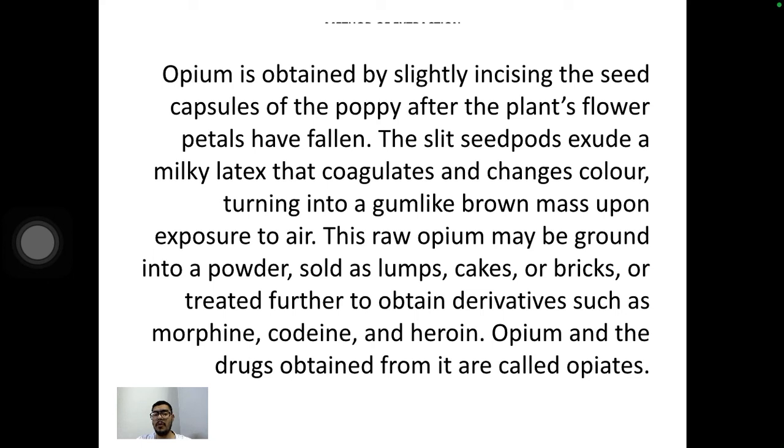This raw opium may be ground into powder for an easier method of extraction, sold as lumps, cakes, or bricks, or treated further to obtain derivatives such as morphine, codeine, and heroin. Opium and the drugs obtained from it are called opiates.